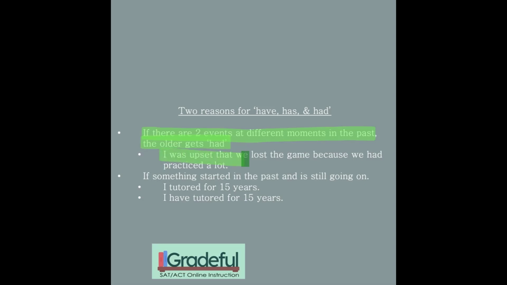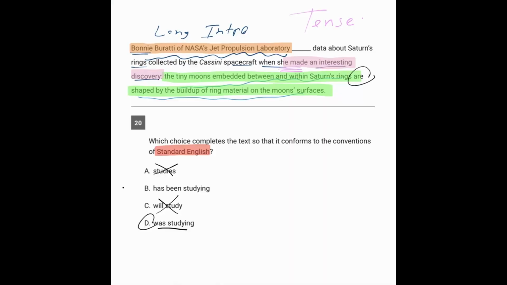So, I was upset that we lost the game because we had practiced a lot. And the other reason would be if something started in the past and is still going on. For instance, I tutored for 15 years versus I have tutored for 15 years. In the second situation, I'm still tutoring. So here, neither of those situations are happening. So we can also get rid of the random use of the word has, and the answer for 20 is D.